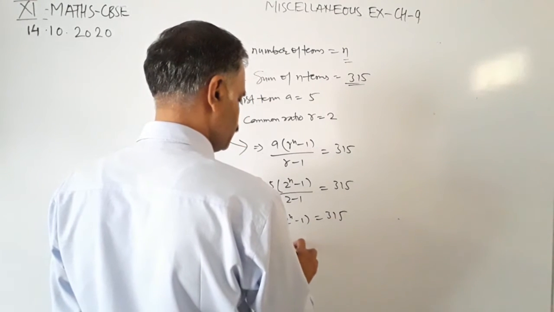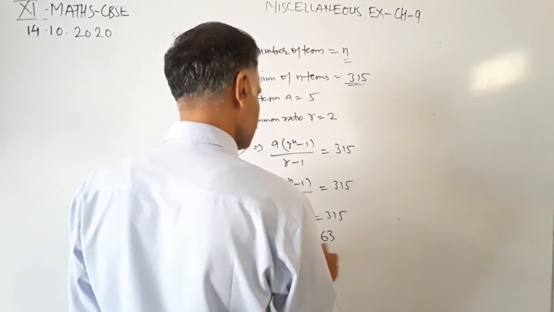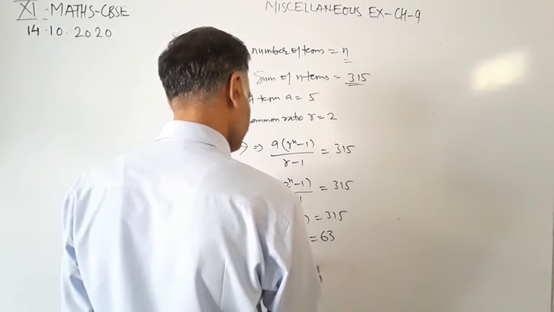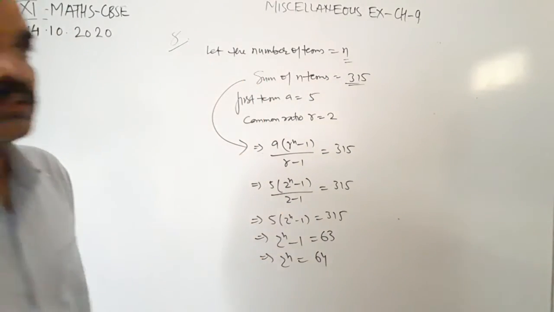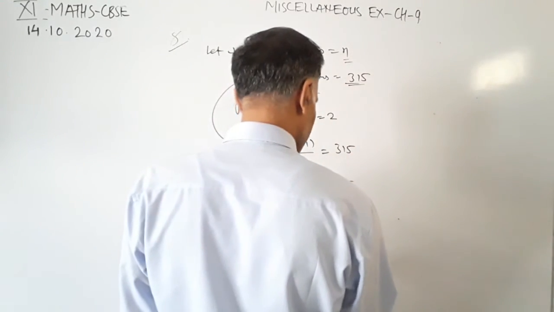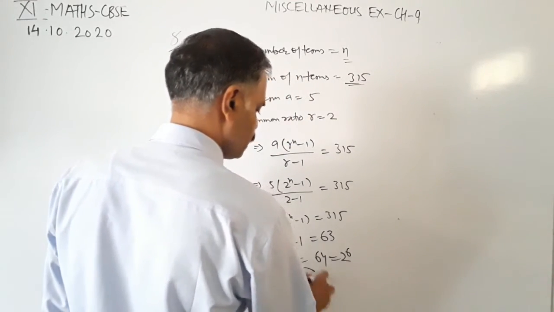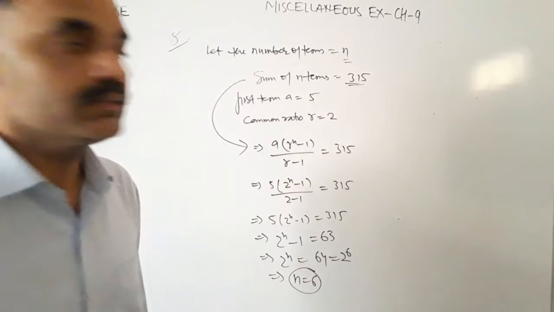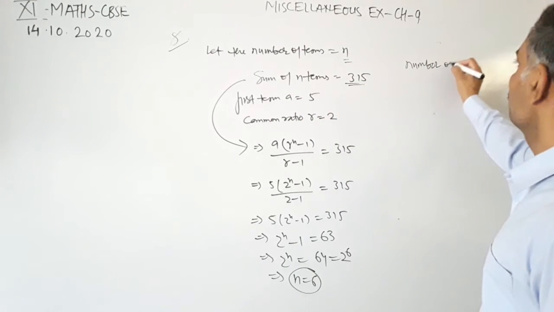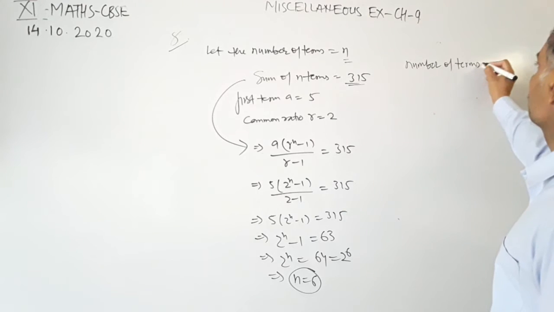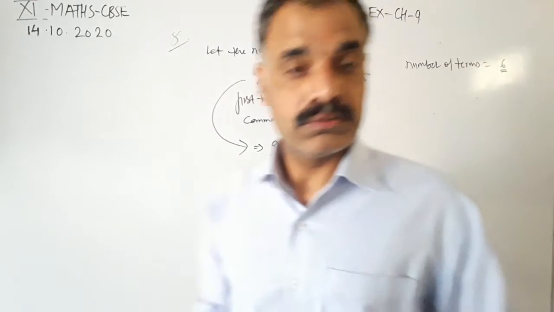Solving this, 2 raised to the power n minus 1 equals 63, since 5 times 63 is 315. So 2 raised to the power n equals 64. 64 means 2 raised to the power 6. So n equals 6, the number of terms is 6.